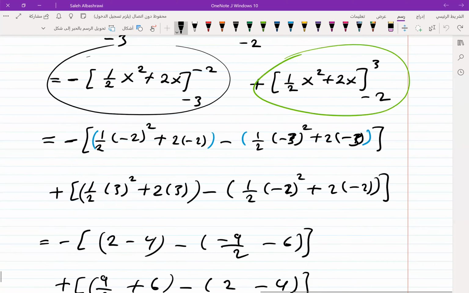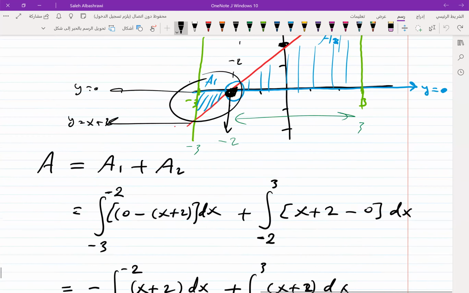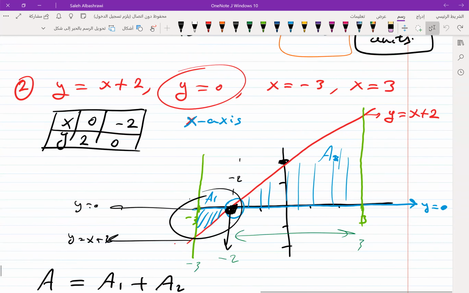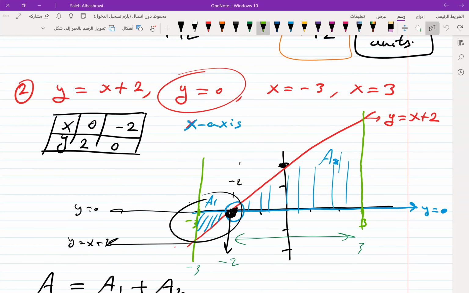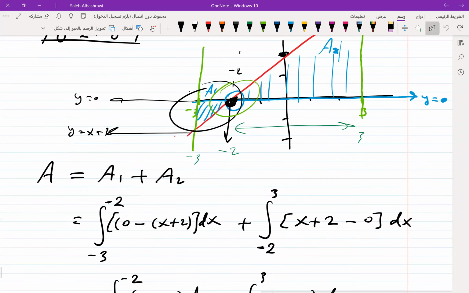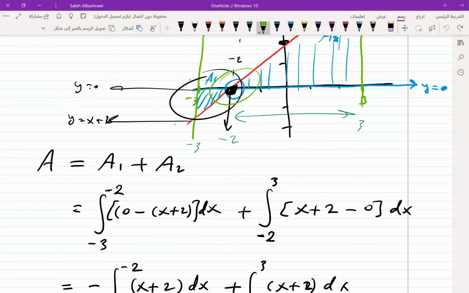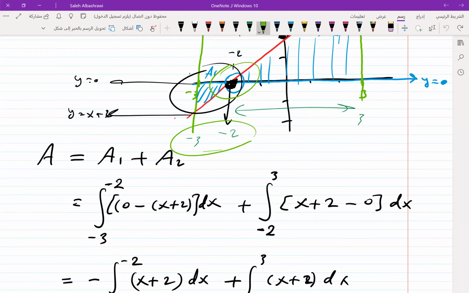So again, start over again. We need to sketch the graph just to know whether we have an intersecting point between the interval or not. If we have, then we must have two areas, A1 plus A2. The first area is the integration from minus 3 to minus 2 of the upper function 0 minus (x plus 2).